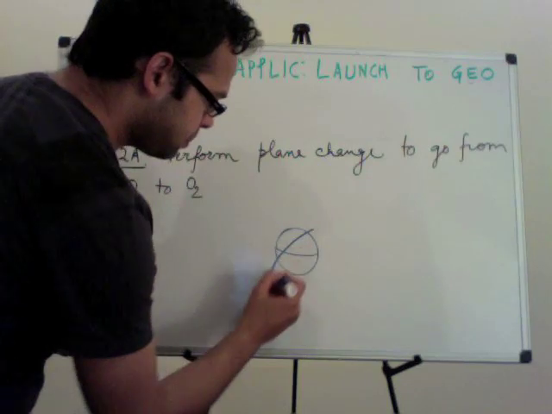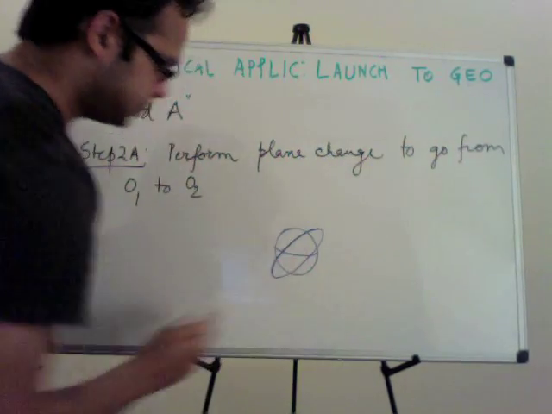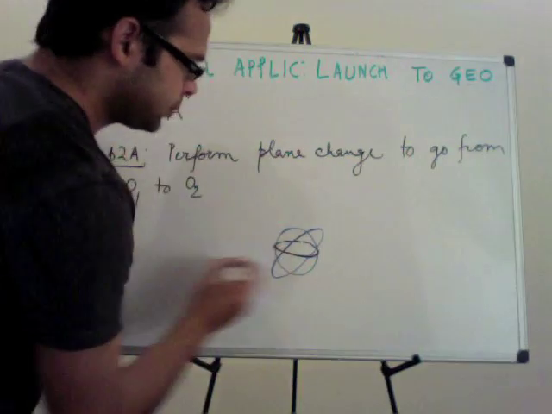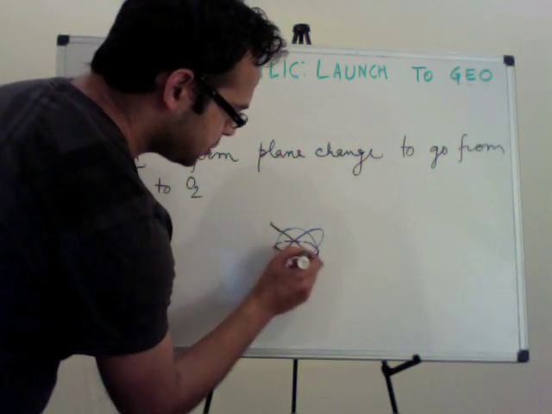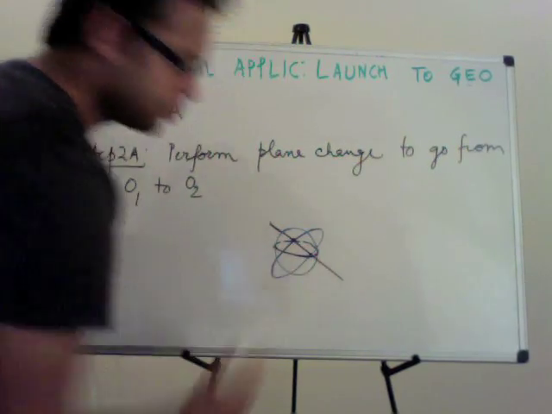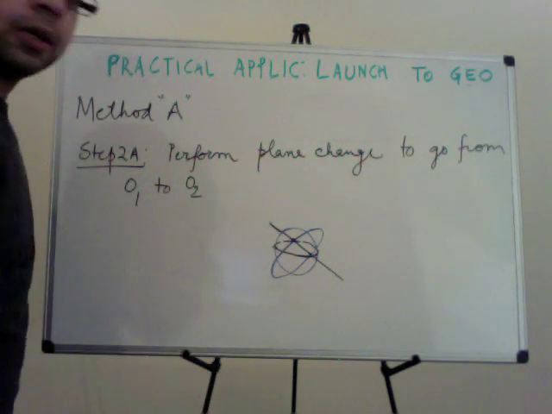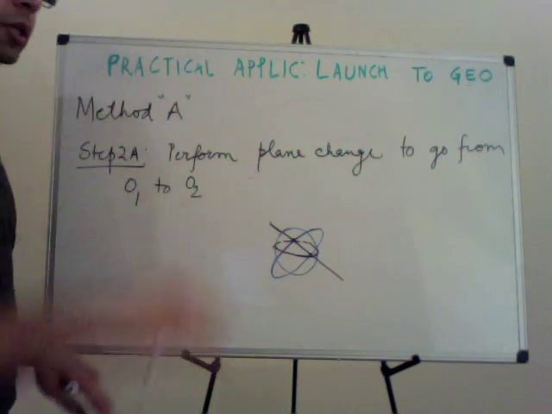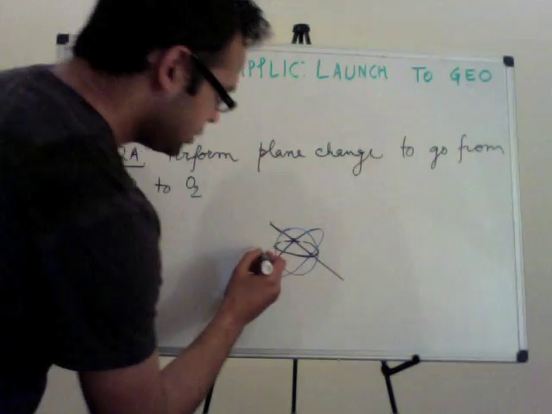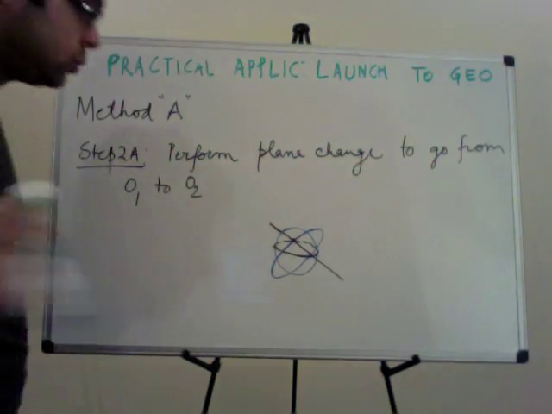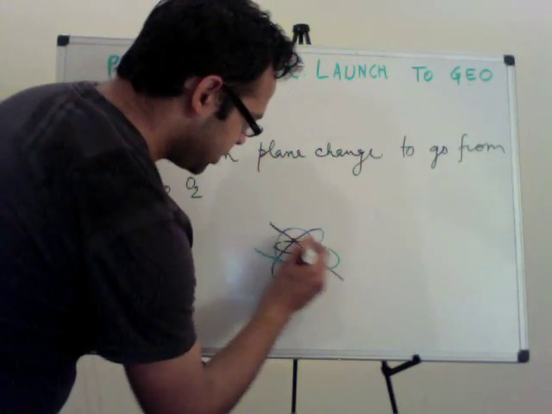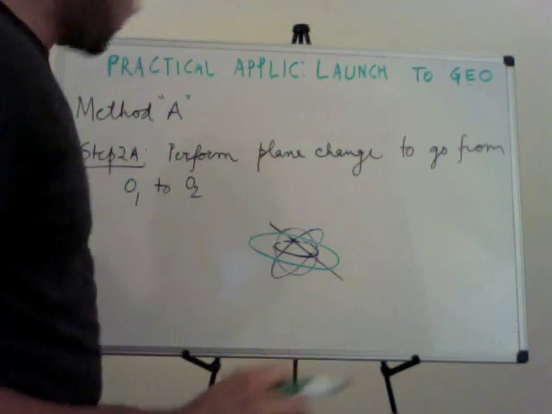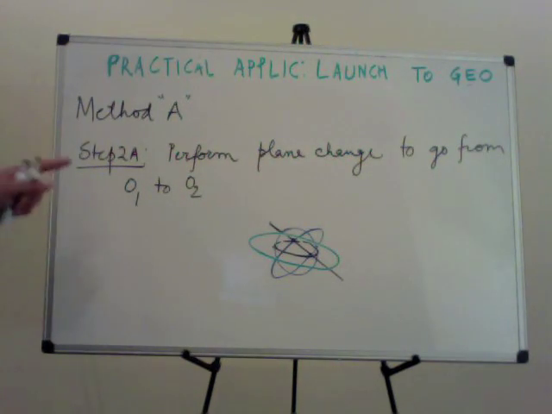Here's my parking orbit, and here's the line of the nodes. Those two points are my ascending and descending nodes. At one of those two points, I need to rotate the direction of the velocity vector so that my final orbit, O2, can be achieved. So that's the second step.